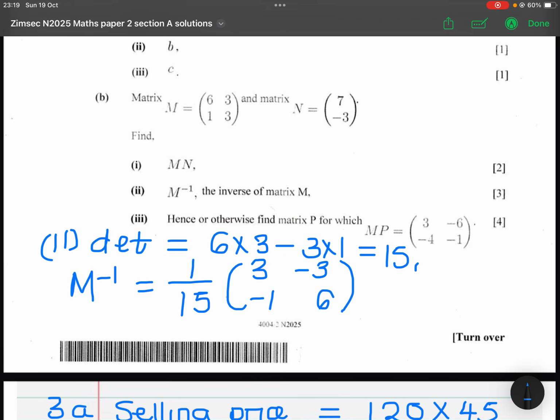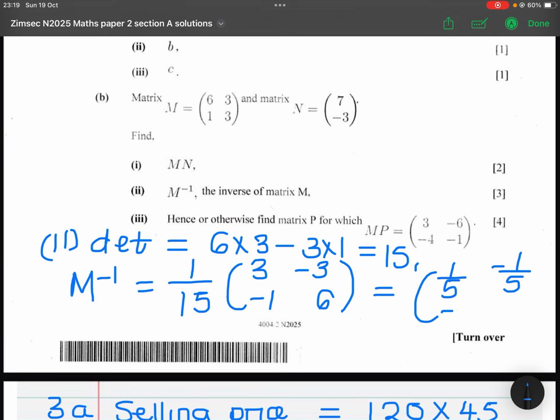So either we can leave it as 1 over 15 times [3, -1, -3, 6], or we can simplify it. We can multiply all the terms within the bracket by 1 over 15. So let's say we do that. We are going to get 1 over 15 times 3, we get 1 over 5, right? And then 1 over 15 times -3, we get minus 1 over 5.